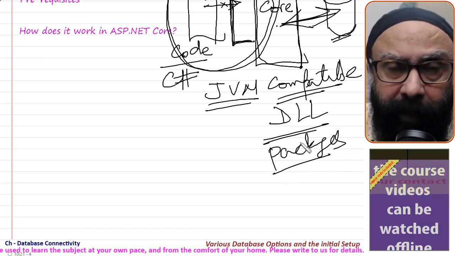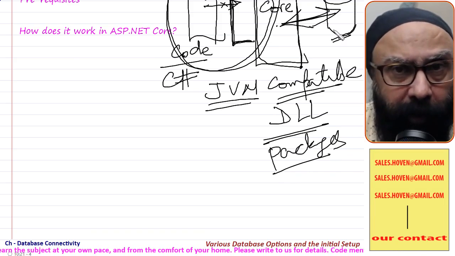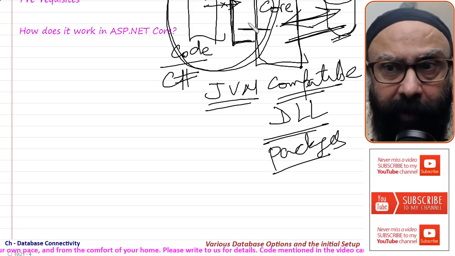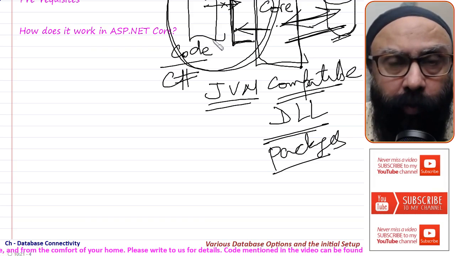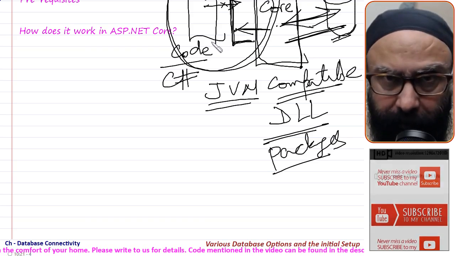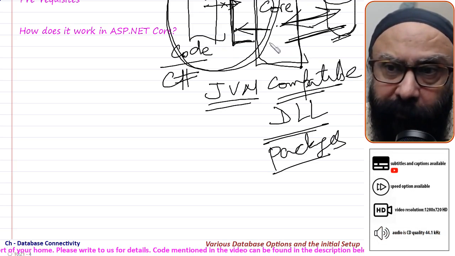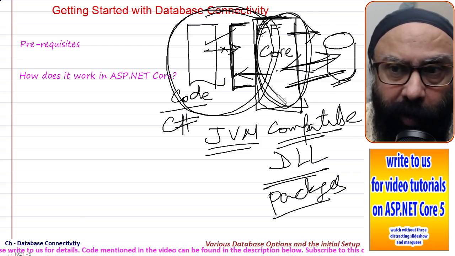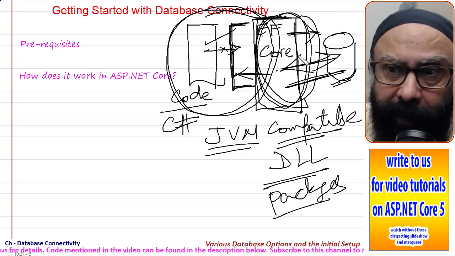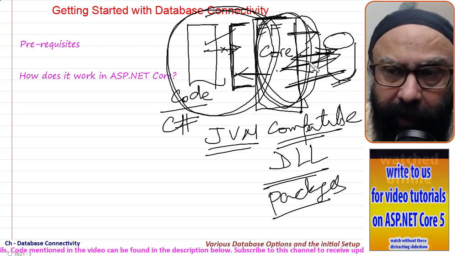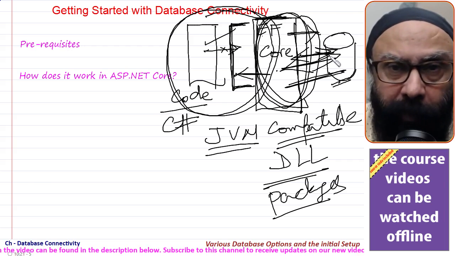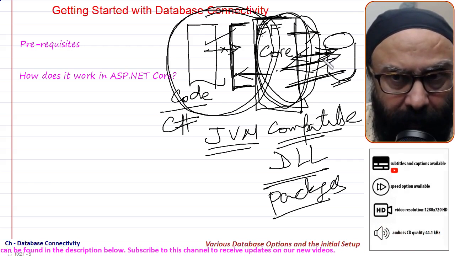These packages are compatible to that particular database on the one side, and on the other side they are able to talk to a general C# program. So EF Core framework, this particular code, this DLL or this package is tightly connected to a database, and this has to be provided by the company that provides you the database.